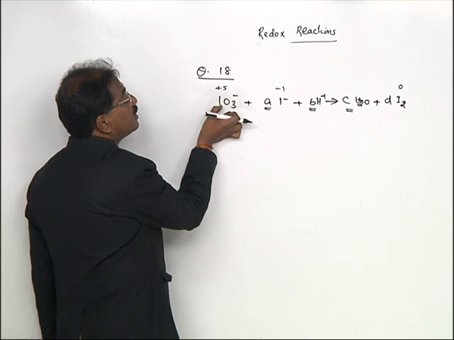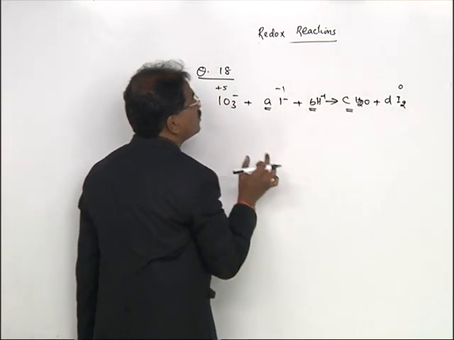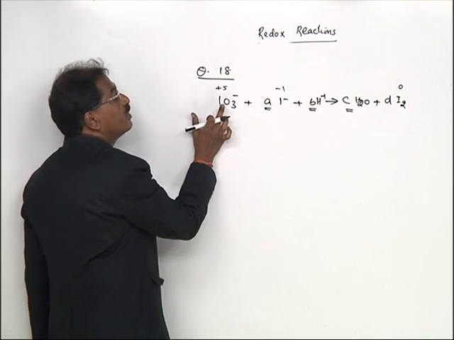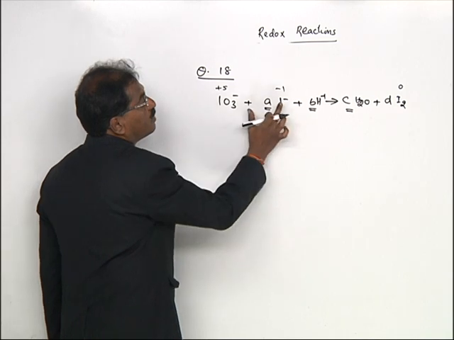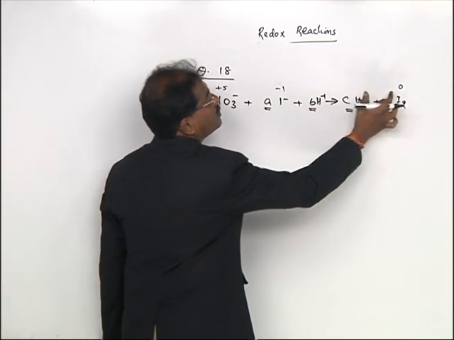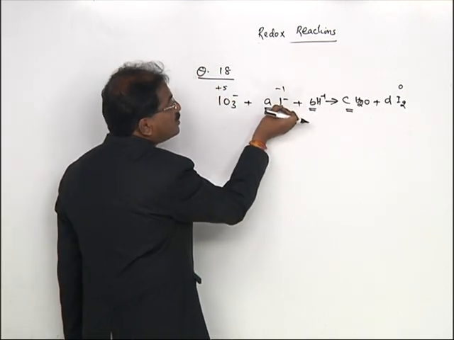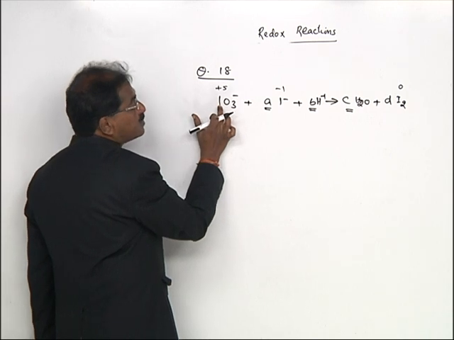If you observe the change in oxidation state, this iodine atom, how many electrons is it gaining? See, it is moving from +5 to 0, no? So it is gaining 5 electrons. From where is it gaining? From the other iodine atoms. Here what is the oxidation state of the iodine? Here -1, here 0. That means each iodine is releasing 1 electron, but this iodine requires 5 electrons.